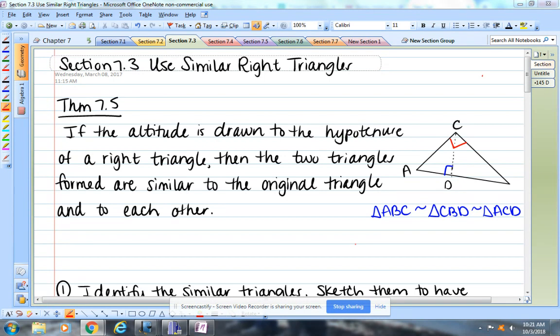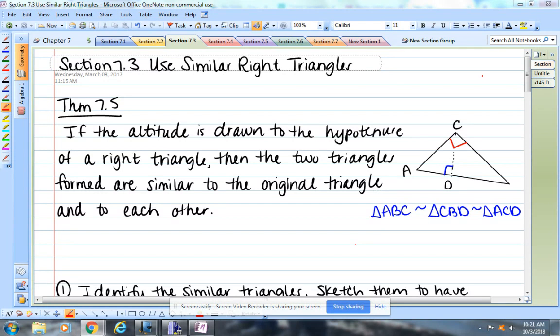Therefore, we make right angles, and then we divided the triangle into smaller right triangles. So theorem 7.5 from the textbook says if the altitude is drawn to the hypotenuse of a right triangle, then the two triangles formed are similar to the original triangle and to each other.